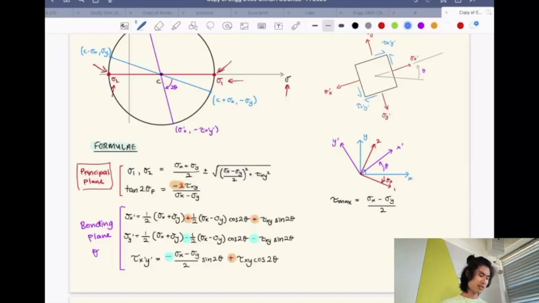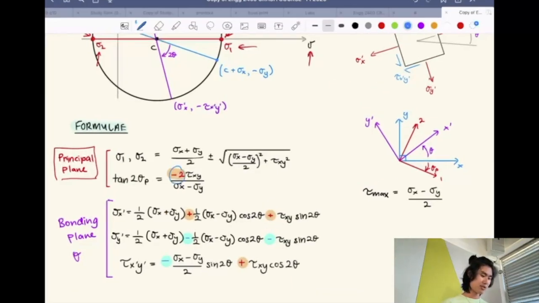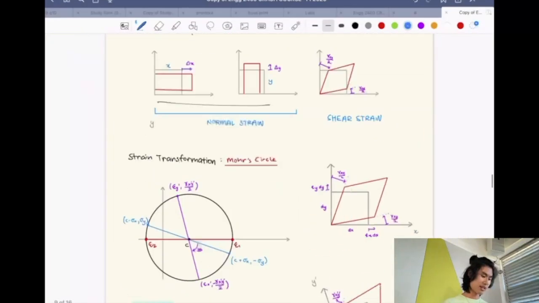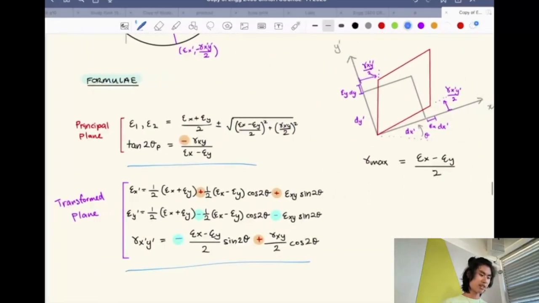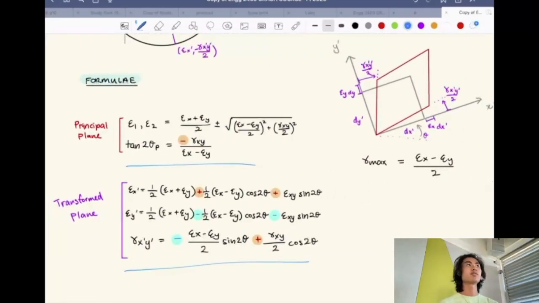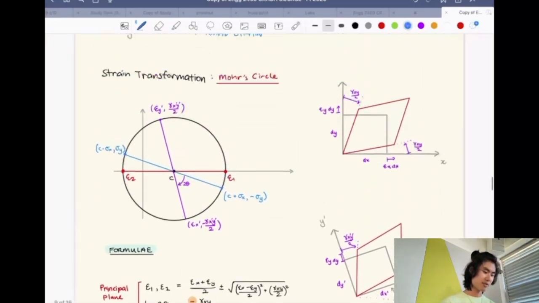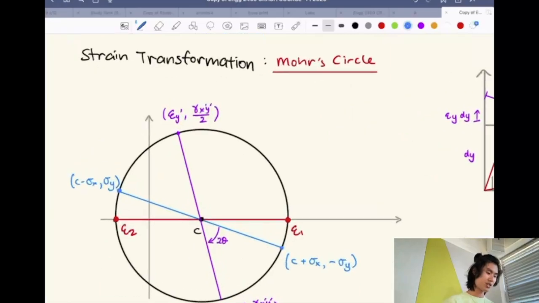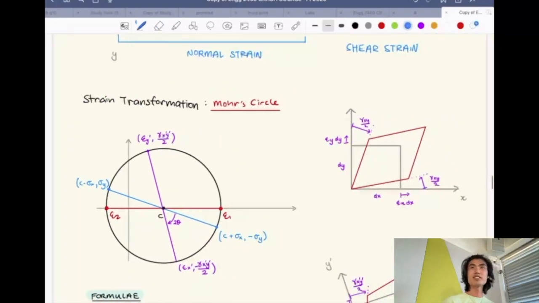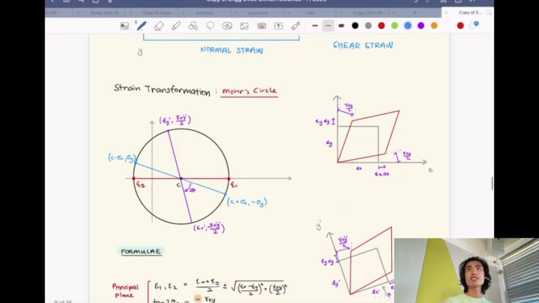The only difference is that there's a -2 here, and there'll be just a regular negative for the shear strain. That's because for some reason the shear strain is denoted by gamma over half, and I'm not exactly sure why. That's the only difference. All the Moore circle transformations are the exact same. So it's something that you have to think about when you're doing stress as well.